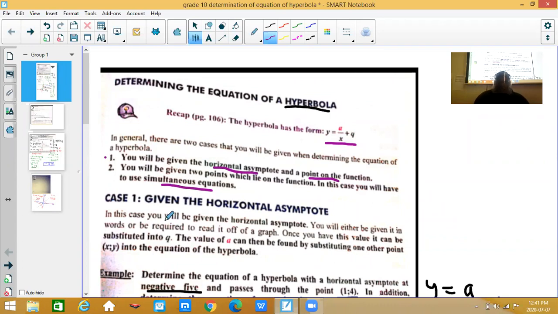Now we want to look at our first scenario, case number 1, where we are given a horizontal asymptote and a point.